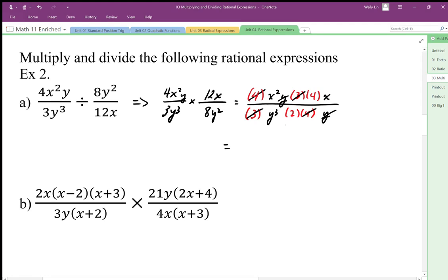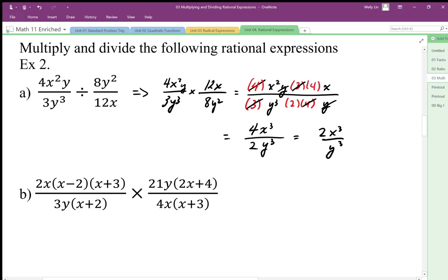What's left over in the numerator is going to be 4x to the power 3, because we have 3 x's. In the denominator, I'm left with 2 and y cubed. Since I forgot about those factors, I still have to simplify that to 2x cubed over y cubed. I forgot that there's an extra factor of 2 here that could have canceled out.